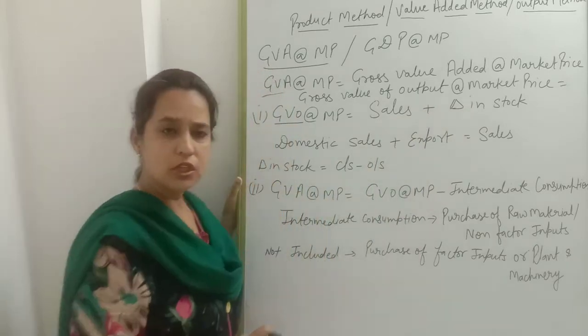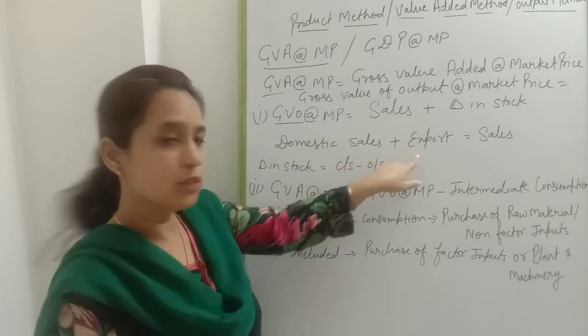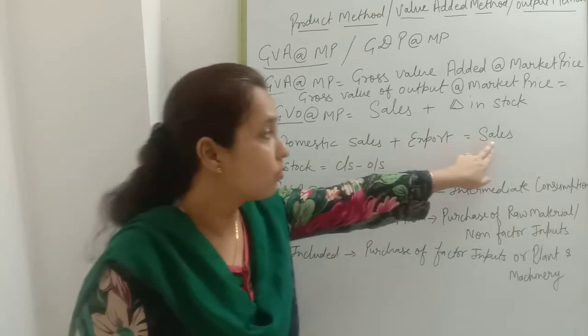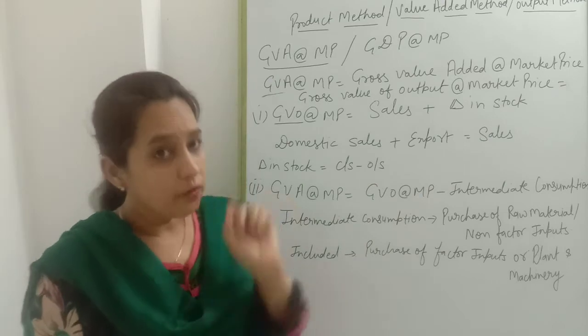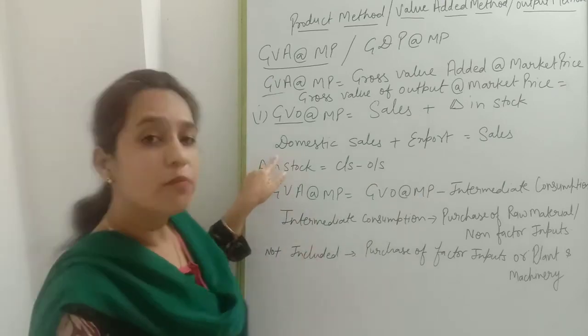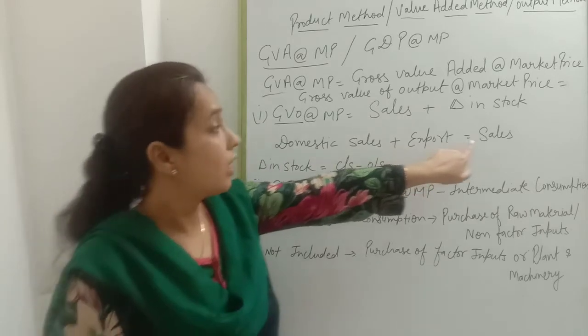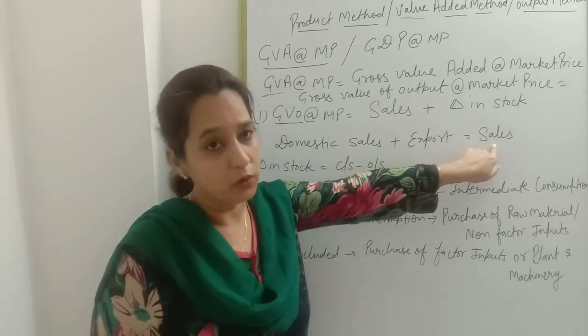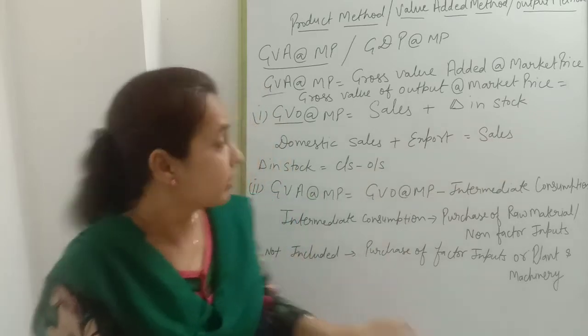If in the question domestic sales and exports are given, you have to add exports, which means you are going to find out total sales. Clear?